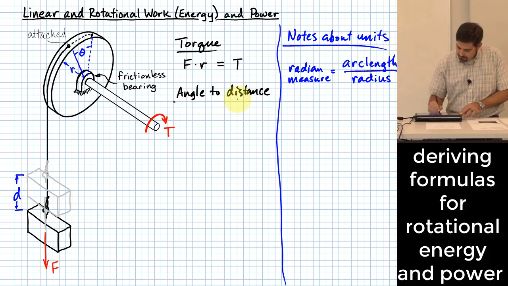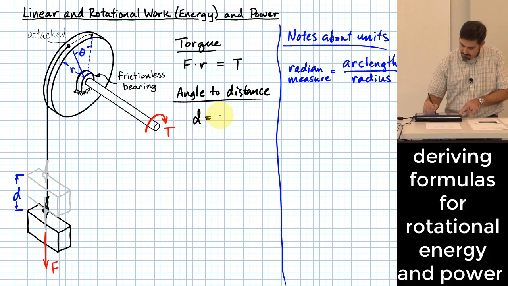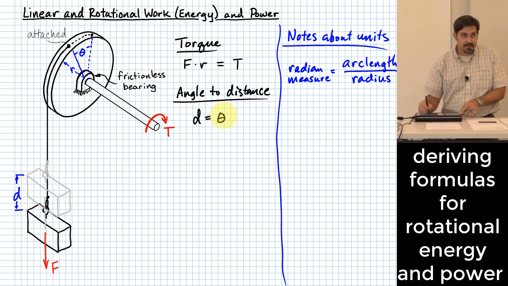So what would that look like? d should be equal to what? Theta measured in radians, times what? The radius.